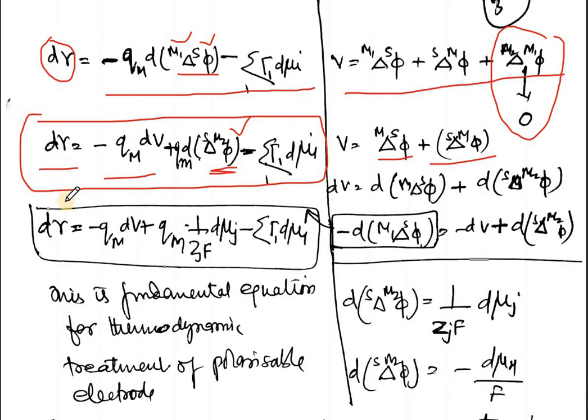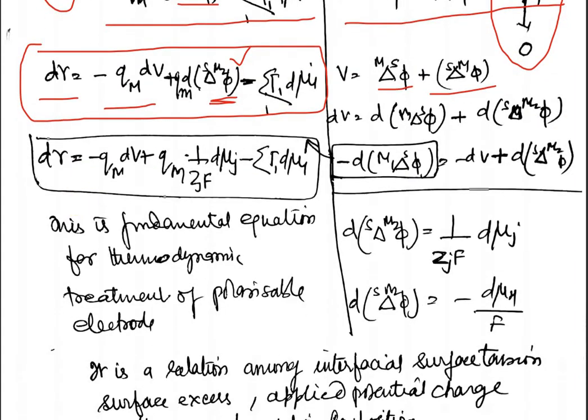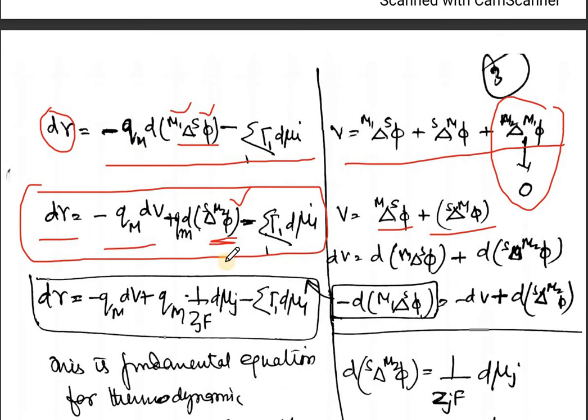When we treat the electrode, this will turn into this one, where j is the particular species involved in the leakage of charge across the non-polarizable interface.